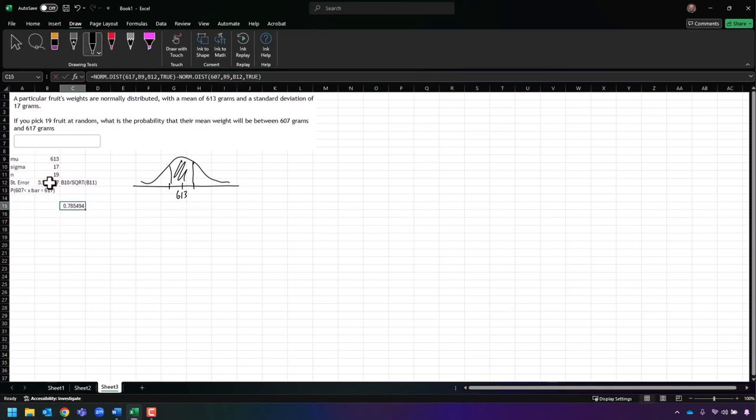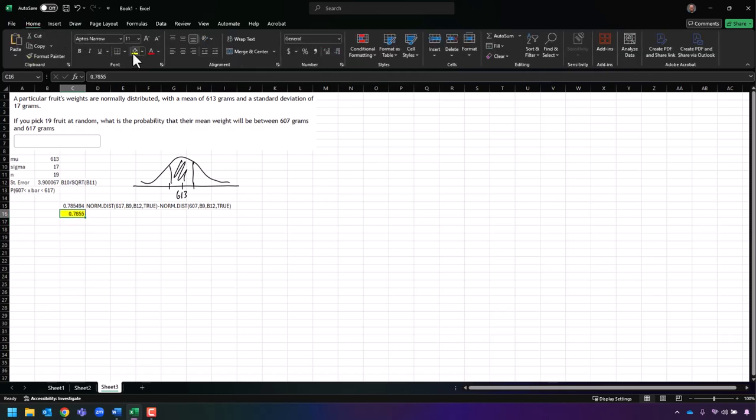Putting it all in Excel and letting it do the work, I'm going to round this, 0.78549, so it's going to be 0.7855 as my rounded value.